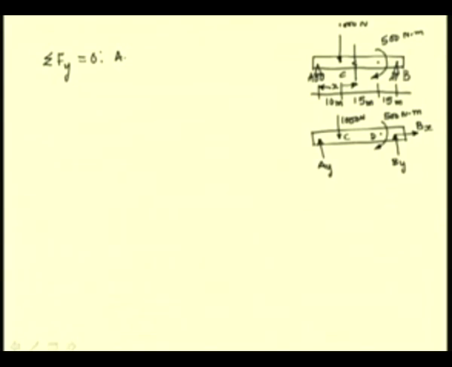So, we have the force Ay, the force By, the two unknown vertical reactions, and the vertically applied load, which is downwards, equal to 0. Now, let us write a moment summation equation about A.